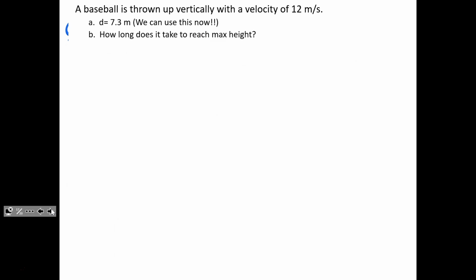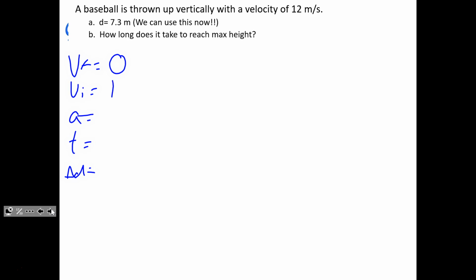All right, the next one says, how long did it take to reach maximum height? First thing, VF, VI, acceleration, time, and delta D. All right, from there, going in and filling in all the information. Again, it goes up at the top and it stops, gives us a velocity of 0.